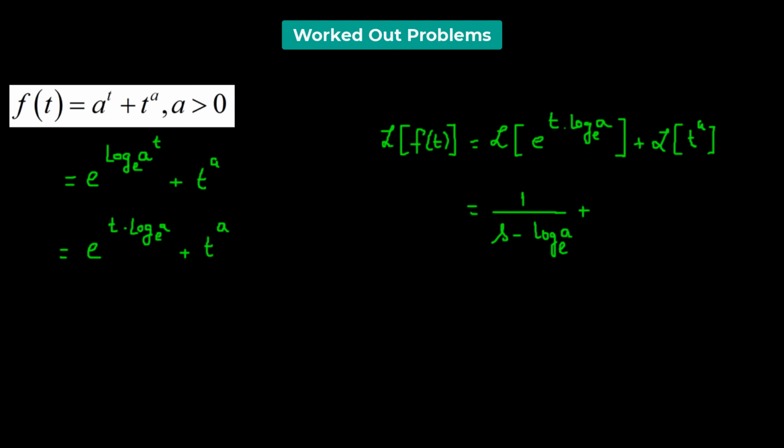So we are going to assume that it is a real number. So that means we have gamma of a plus 1 divided by s raised to the power of a plus 1. So this is the Laplace transform of our function for values of s greater than log of a to the base of e.